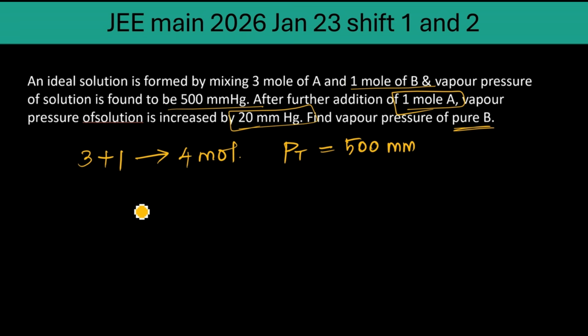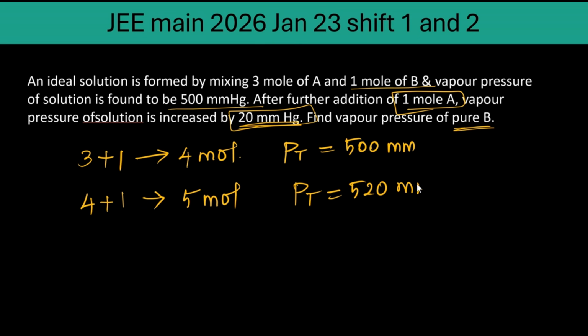After adding 1 mole of A it will become 4, and 1 mole of B, so that will be 5 moles now. Now the pressure is increased by 20 mm, that becomes 520 mm. Okay, so we know the formula. PT is equal to chi A PA naught plus chi B PB naught. So substitute the values over here.